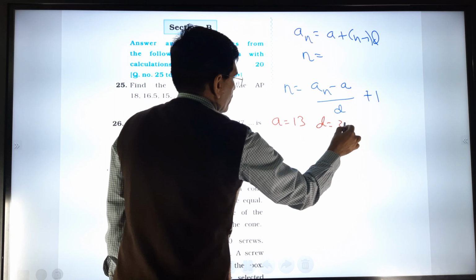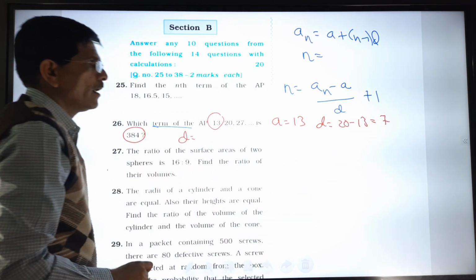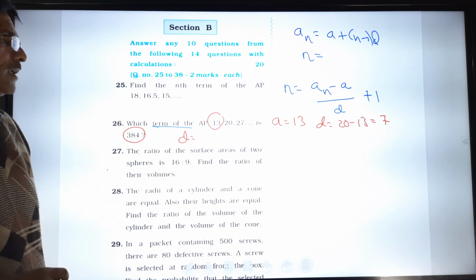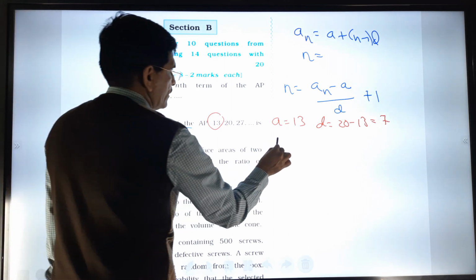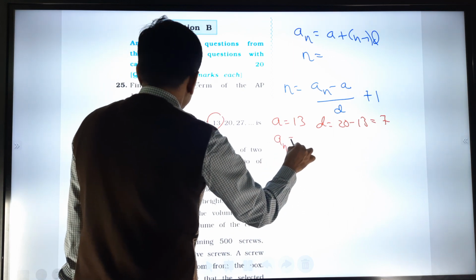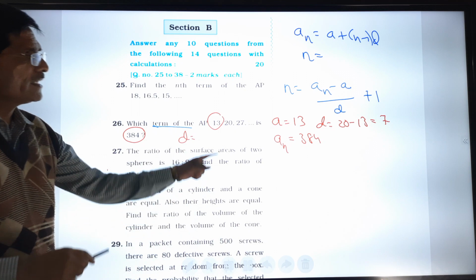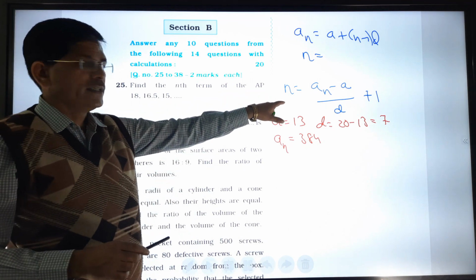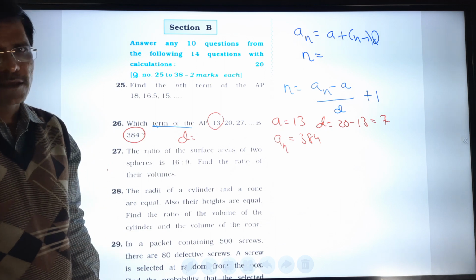That is 20 minus 13, that is 7. D is equal to 7, and An is equal to 384. If I put all these three values in this equation or the above equation, we can get the same answer.